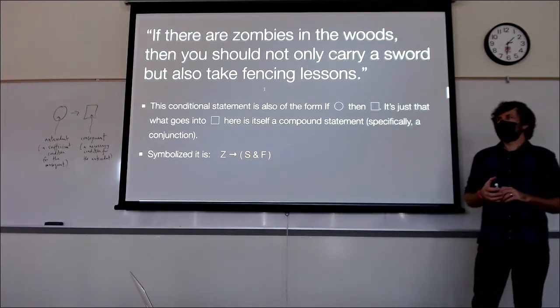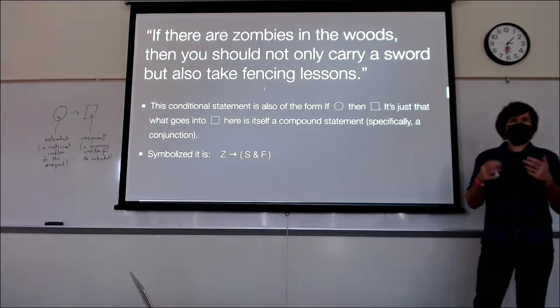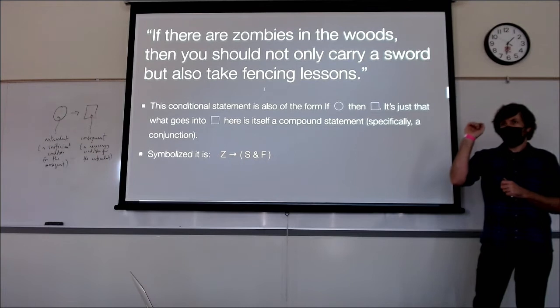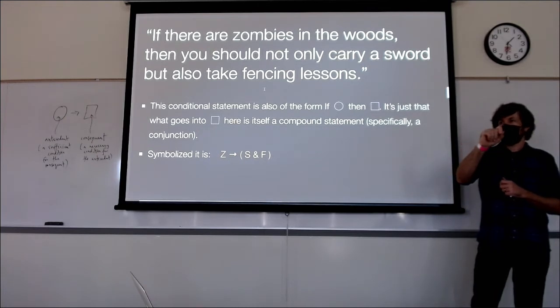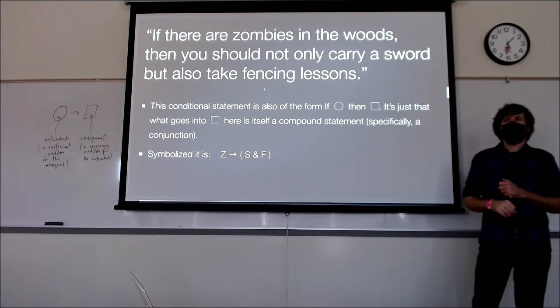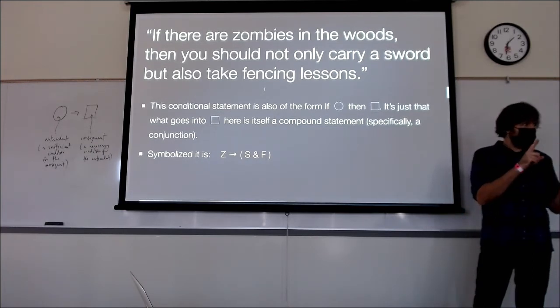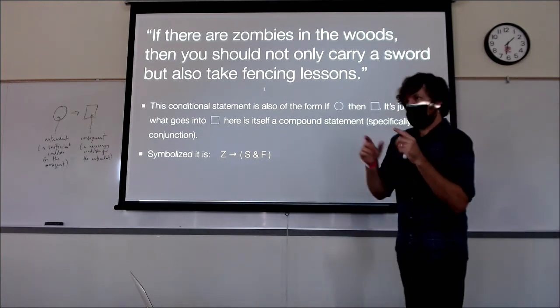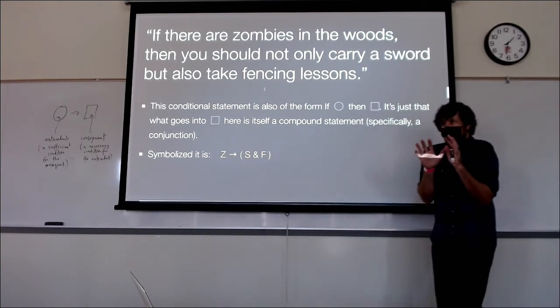And I know students in logic often ask for quick shortcuts, right? Like, hey, does that word always mean this? Does this word always mean this? And in reality, the answer is probably never in English. The book actually talks about even the if-then sometimes not actually being a conditional statement. We're not going to really get into that.